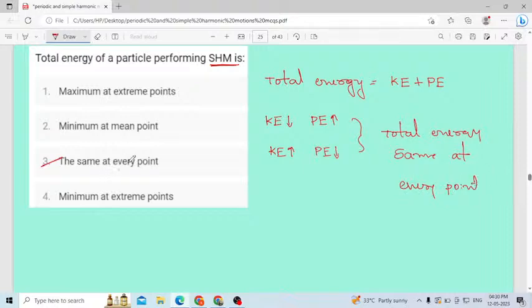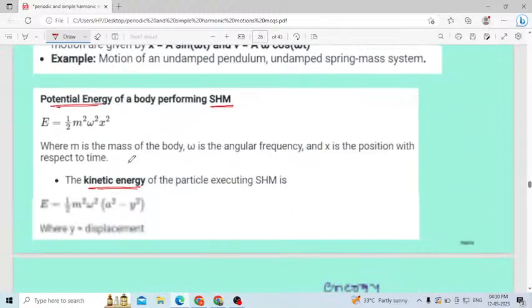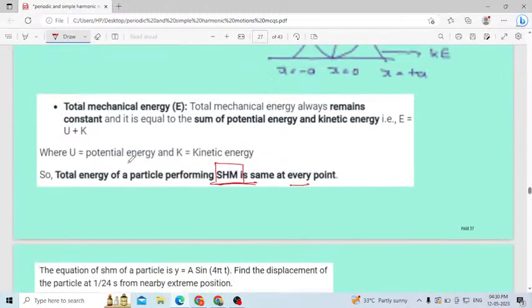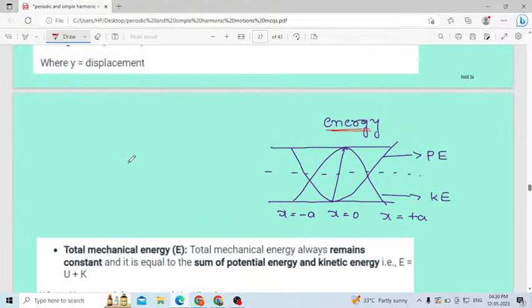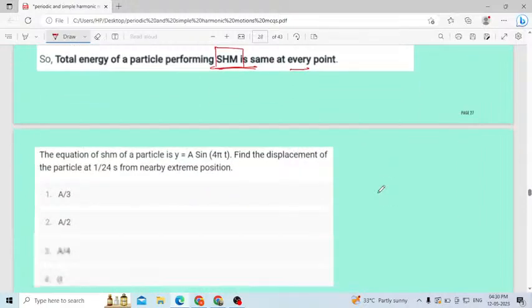Therefore, option 3 is the correct answer. That's why I included the wave diagram also. You can observe here, for this wave, potential energy will be more at some points and kinetic energy less at some points, but the total energy at each and every point will be constant.